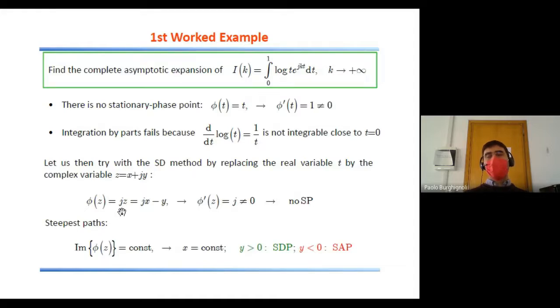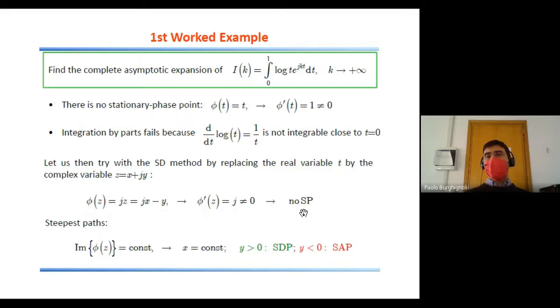We now incorporate the imaginary unit j inside phi, since we are dealing with a complex exponential. That is, it is equal to jx minus y. Its first derivative in this case is equal to j, so it's never equal to 0, and so we don't have any saddle point in this function.